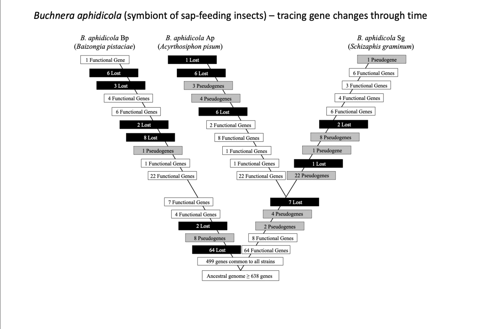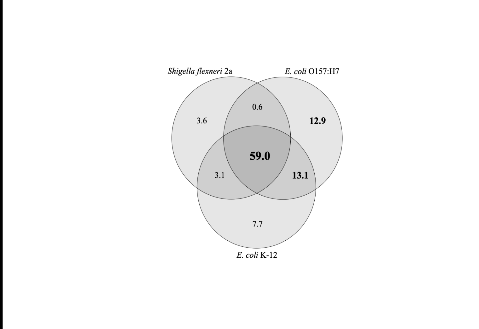So you can use those genomic sequences to trace these changes within these varieties as they evolve along with their hosts.